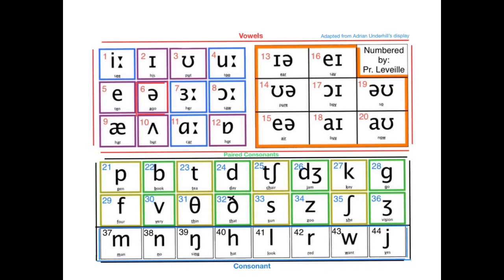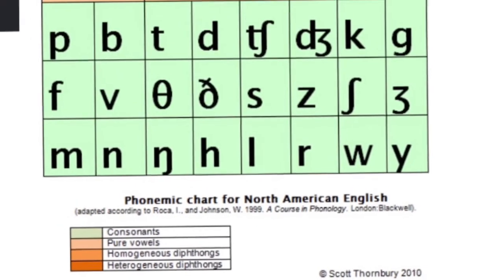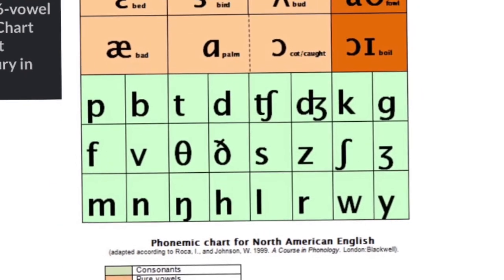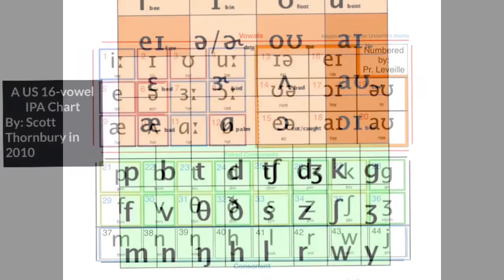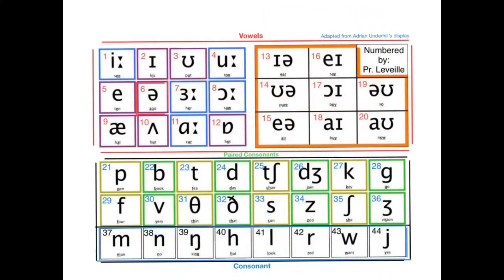And we use Adrian Underhill's display, and the third one we use is Scott Thornbury's 2010 phonemic chart for North American English, just to compare so that we know exactly what we're doing.